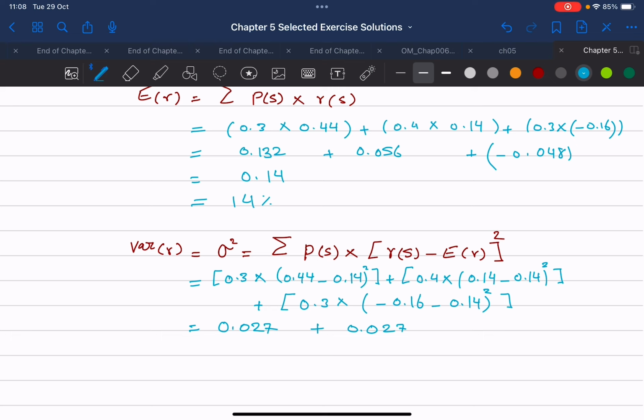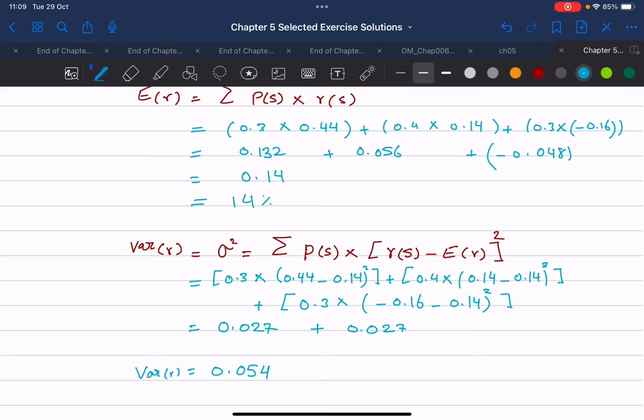Add these together: 0.027 plus 0.027. That's going to be 0.054. Now, remember that this is the variance. And the question did not really ask for the variance, it asked for the standard deviation. But we know from our knowledge in statistics that standard deviation, or sigma, is simply the square root of the variance.